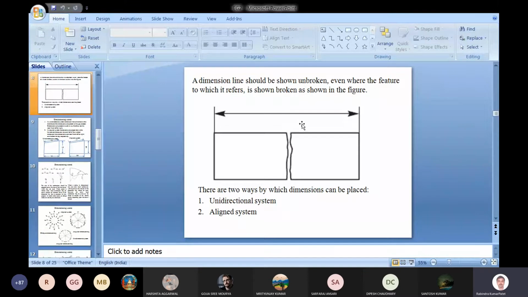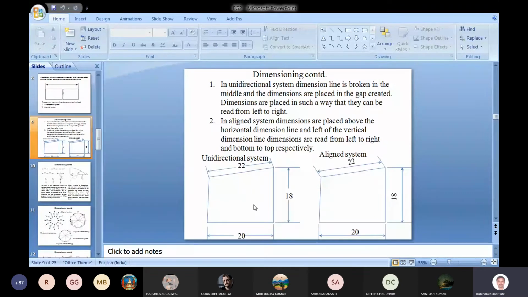Regarding the dimensioning, there are two systems of placing the dimensions. One is the unidirectional system, the other is the aligned system. In this you can see there are two figures. One corresponds to the unidirectional system, the other corresponds to the aligned system.